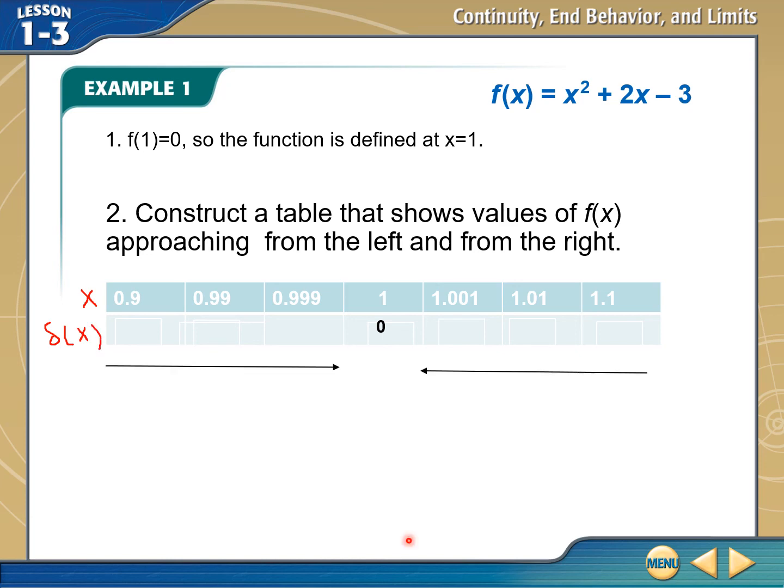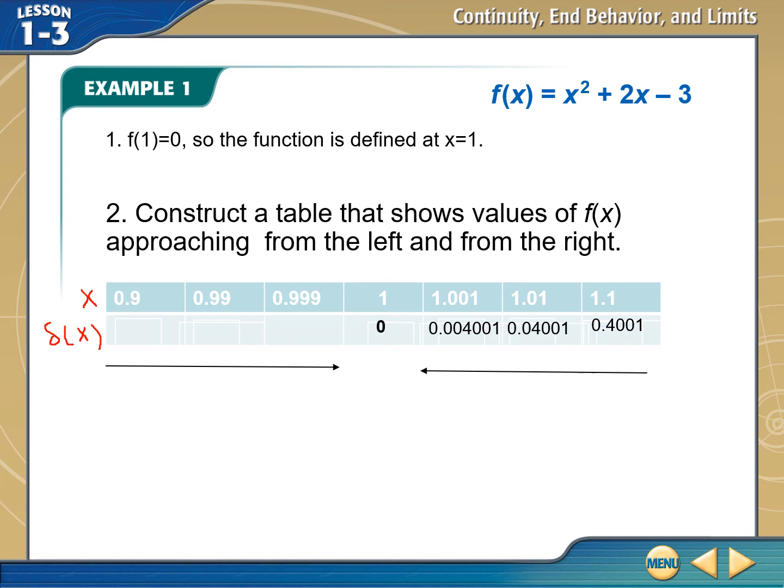So I need to know what is happening from the right of 1 and from the left of 1, or what the f of x's are trying to approach. So 1.001, I'm going to get this number, 1.01, here's the number, and 1.1. Give yourself a second to observe what is happening.